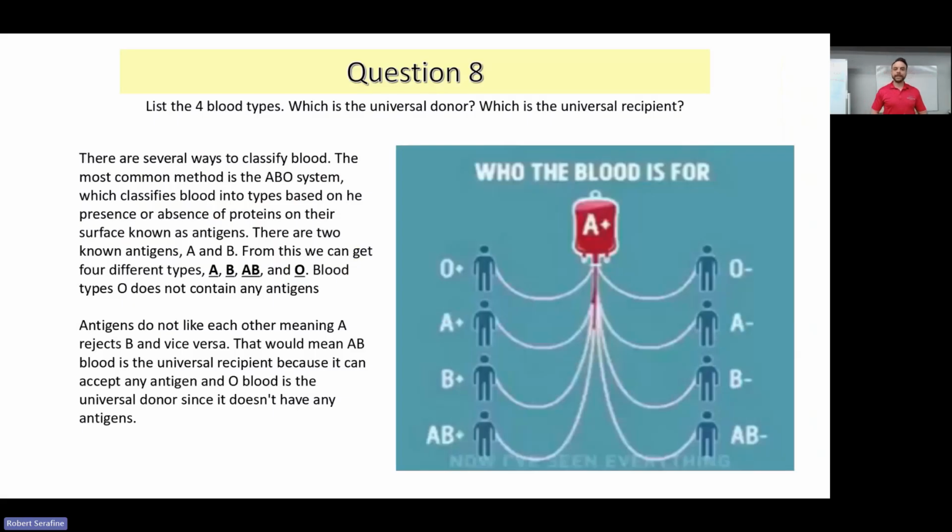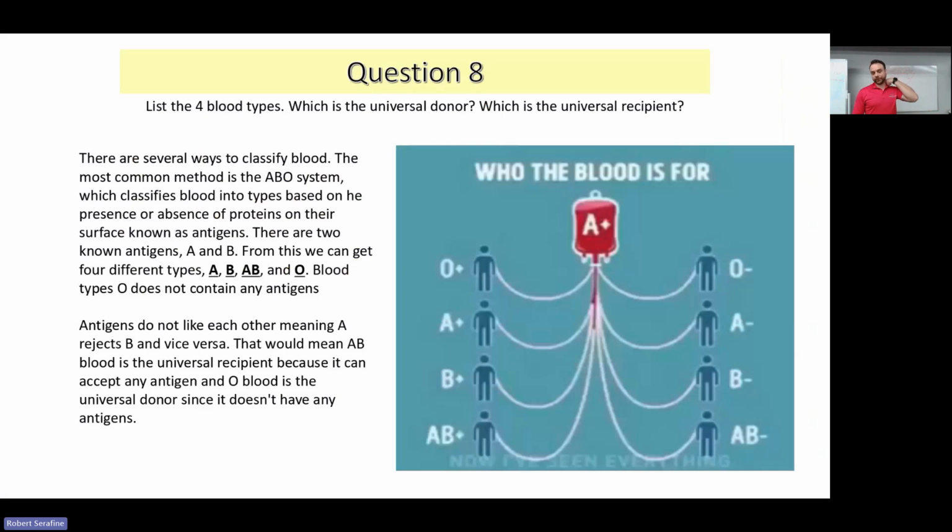Type AB is able to receive blood from anybody. And we'll get into some specifics about positives and negatives. And then type O, being that it has no antigens, is sweet and as neutral as possible. And so anybody can receive type O.